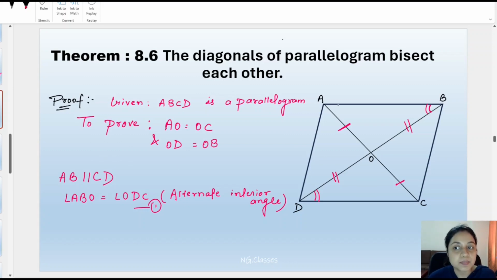Similarly, since AB is parallel to CD, we can say that angle OAB, the green angle, can you see it, will be equal to angle OCD, the other green angle, again a pair of alternate interior angles. So angle OAB must be equal to angle OCD, again alternate interior angles.